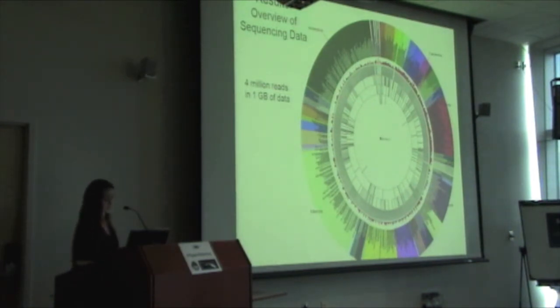All right, so this is the genome chart. It's just an overview of the sequencing data. I don't know if you can see in the middle, but that's the 4 million reads. In this area, we see a lot of streptophyta, which we don't want to see.